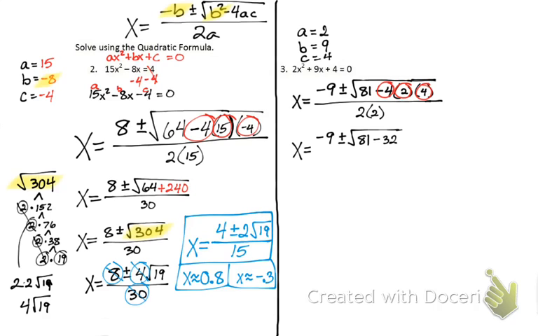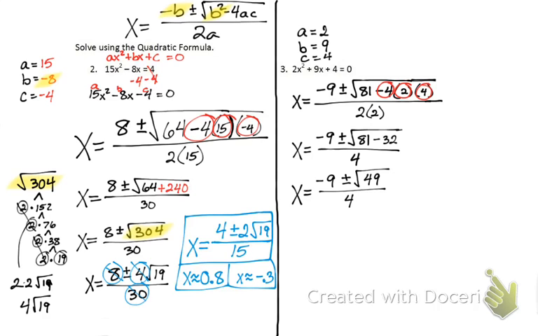Just always think of that as a negative 4, and then whatever your number is, that's what it is, negative 32. So I got 81 minus 32. And this is all over 2 times 2, which is 4. So keep simplifying. X equals negative 9 plus or minus 81 minus 32 is 49. So square root of 49 all over 4.